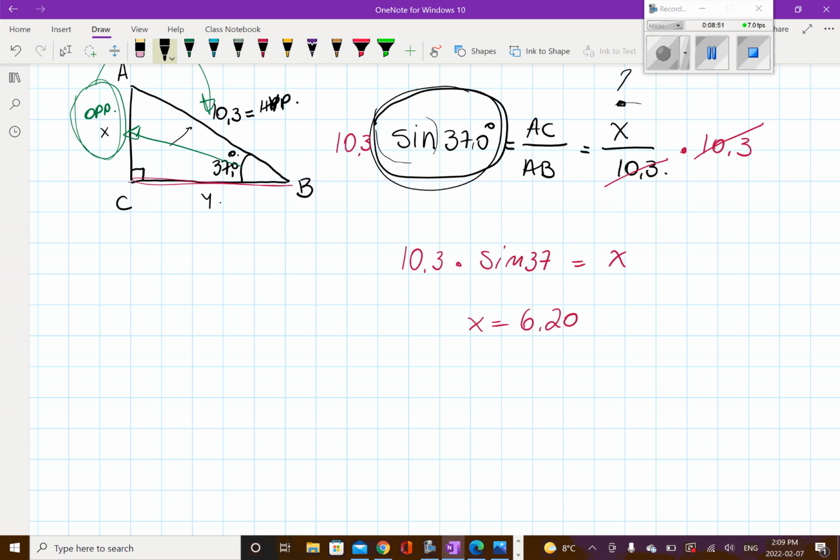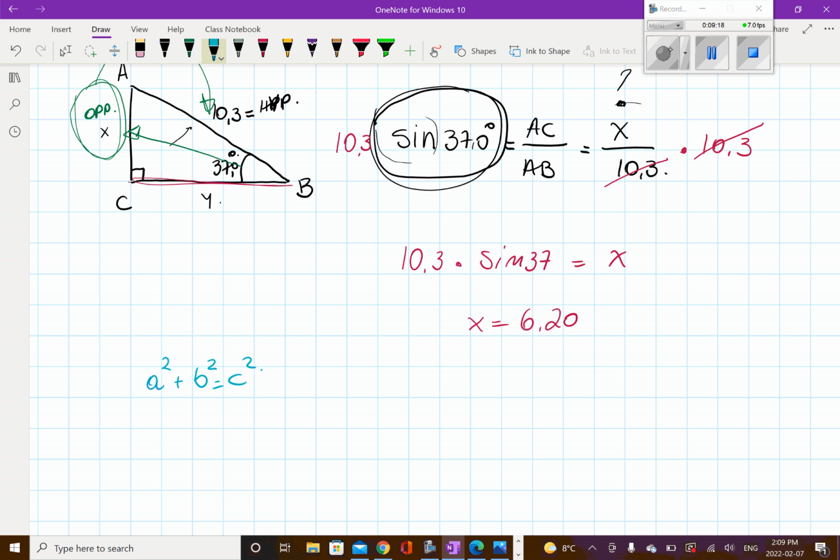However, just to emphasize, the other tool that you can use to solve the right angle triangle is the Pythagorean theorem, which says a squared plus b squared is equal to c squared, where a and b are the sides of the right angle triangle and c is the hypotenuse.